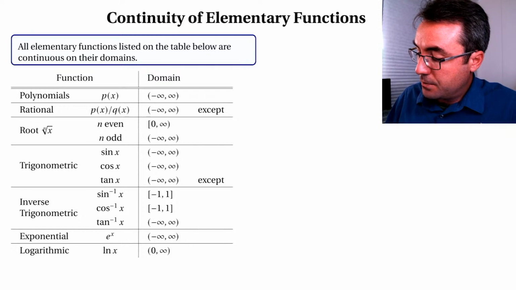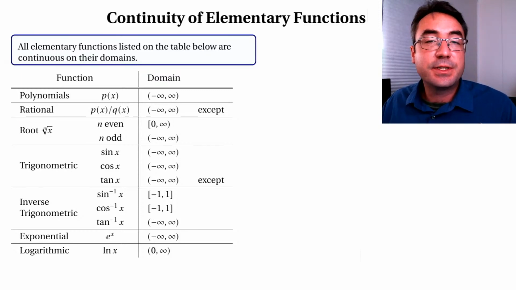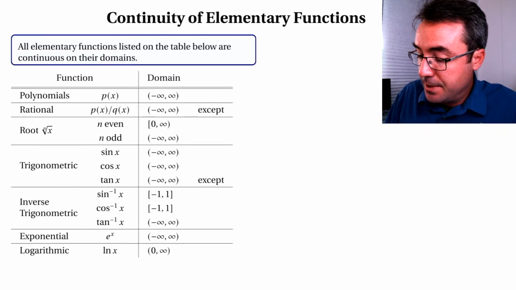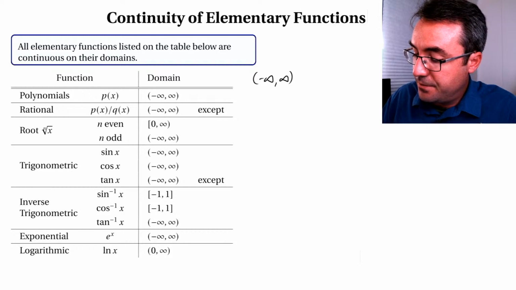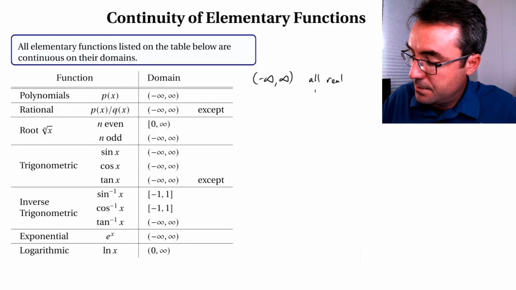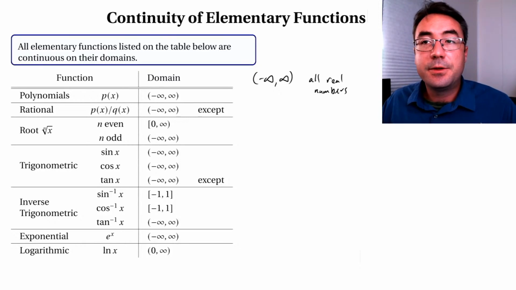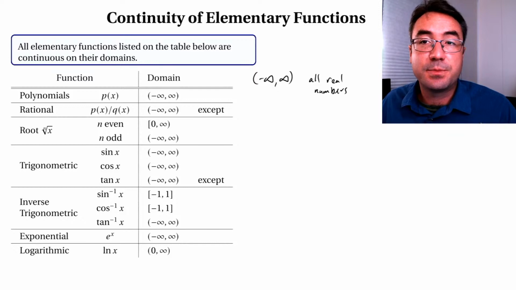And the way we denote continuous everywhere is with interval notation, and in particular the interval from minus infinity to infinity. This is all real numbers. So polynomials, they're always continuous, so we can always evaluate their limit by just plugging in. Same thing with rational functions.